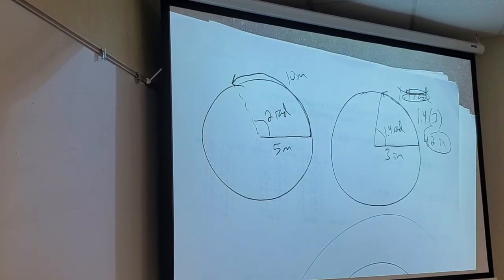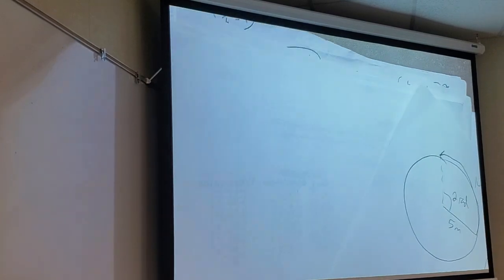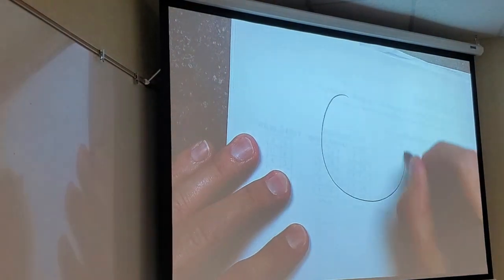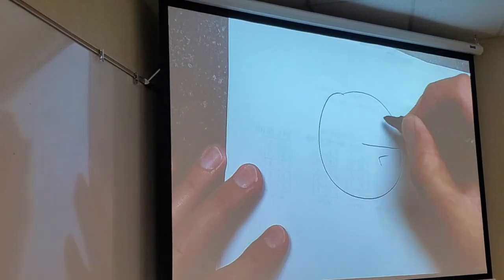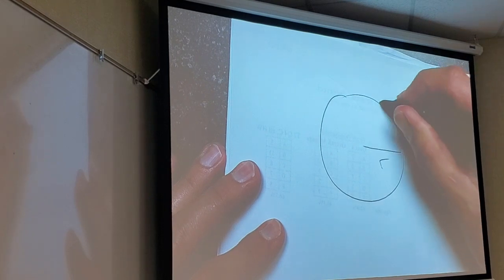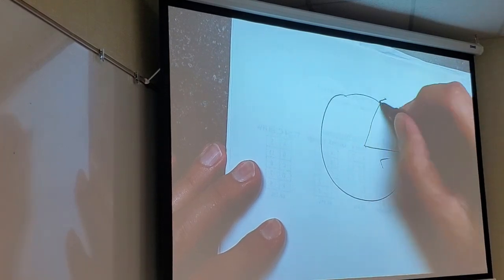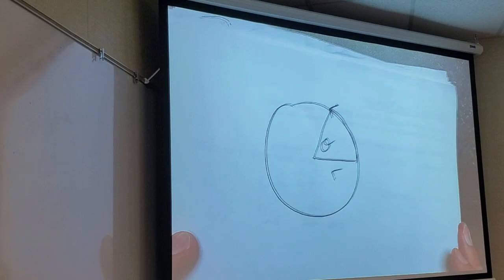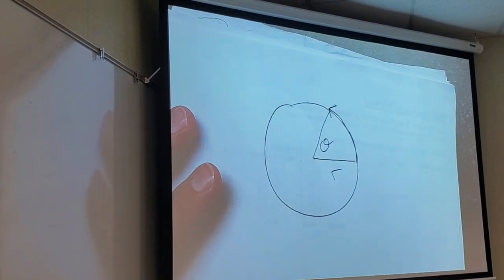Here's why. Okay, this is perfect. So in general, if I have a circle and I know the radius and I want to know the length that I'm going along, I'm given an angle. Here's exactly what you guys just did.